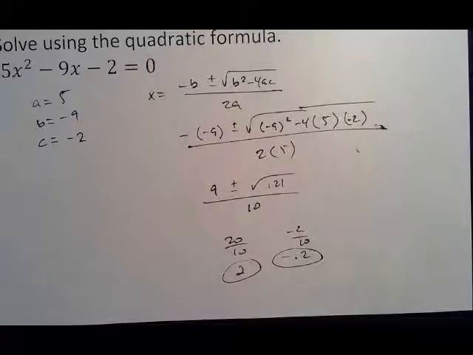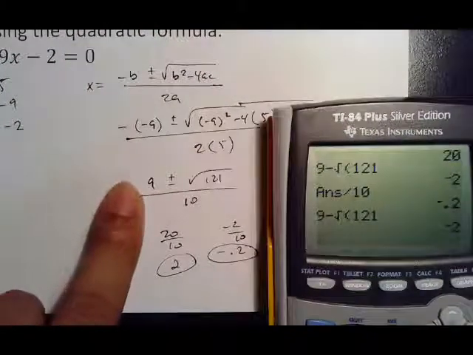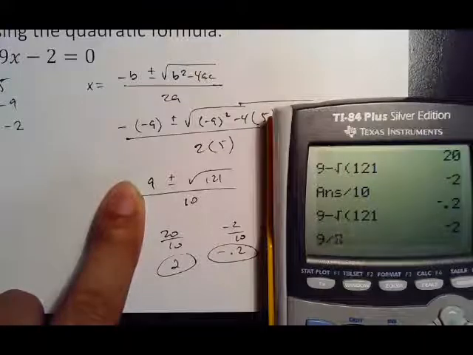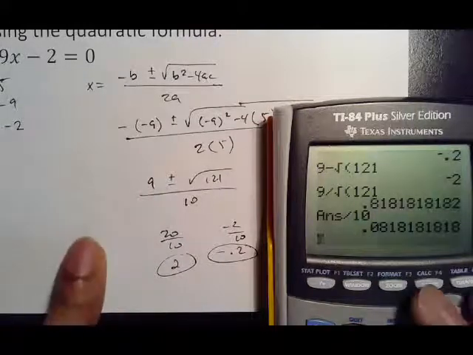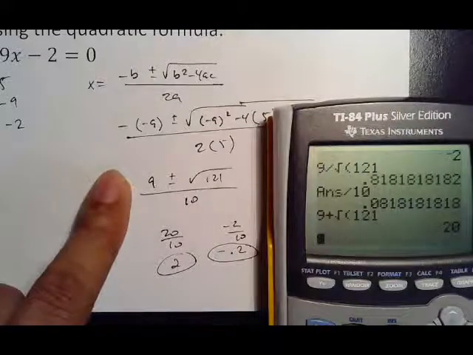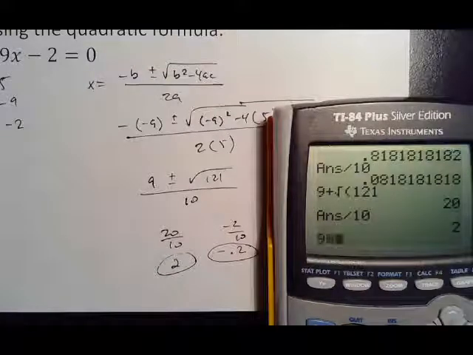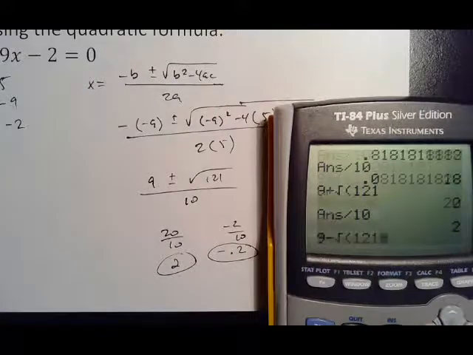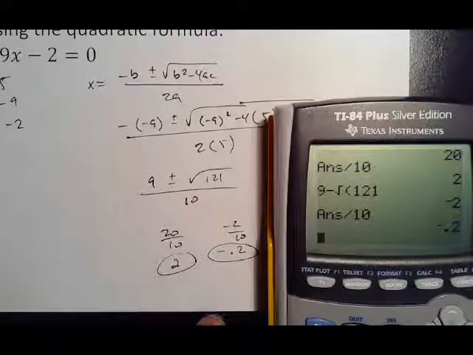Again, when I say it's time for you to master it, it means if you like typing the whole thing in, then you just got to make sure, like we did on our calculator exercise, that you do 9 plus square root 121 equals, then divide by 10 equals, if that's what you're going to do, that's fine. 9 minus square root 121 equals divided by 10 equals, and notice that you get that answer there also.